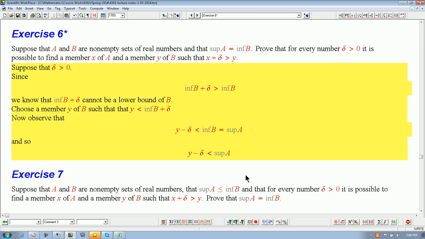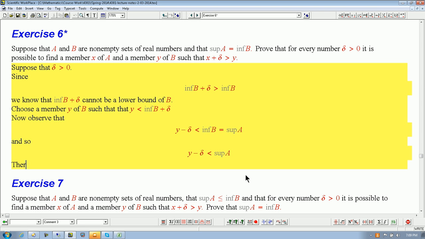You're not an upper bound of a. So let me say so. Therefore, y minus delta is not an upper bound of a. You understand?